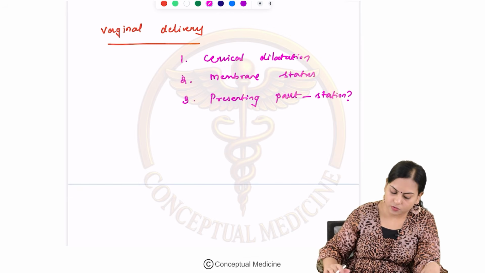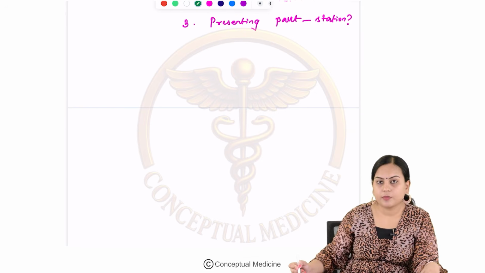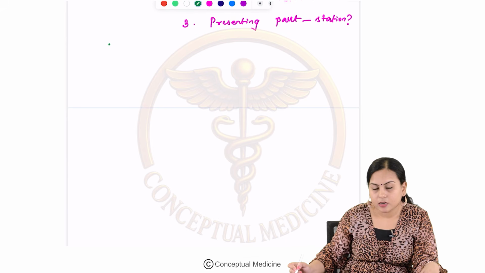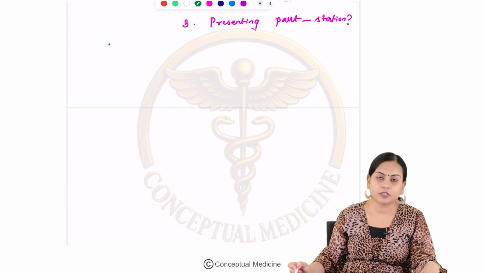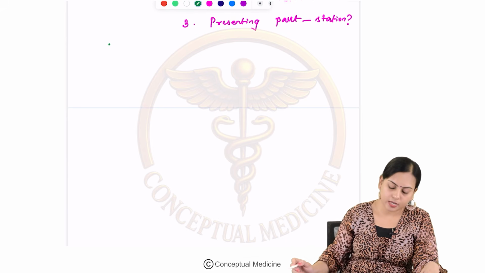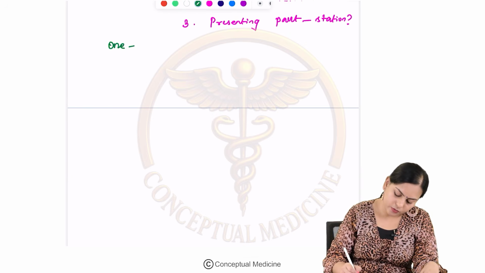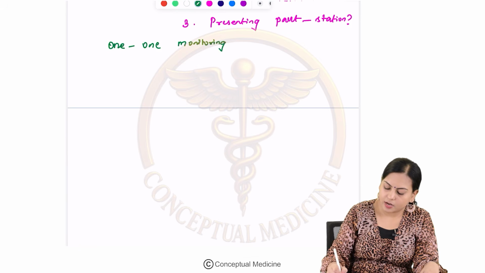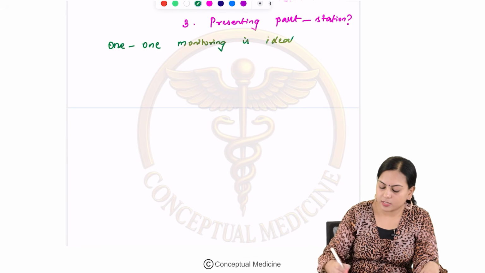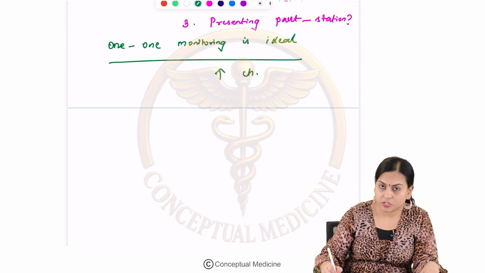So, ideally when breech delivery is planned through vaginal route, you have to give 1-to-1 monitoring. Okay. So, 1-to-1 monitoring is ideal because there is increased chance of cord prolapse.